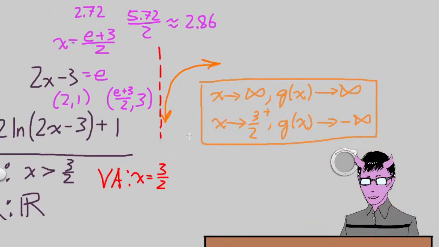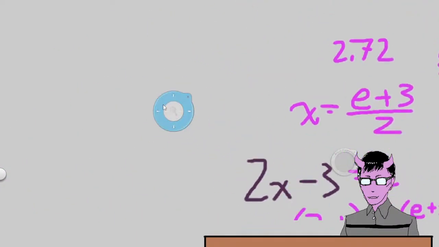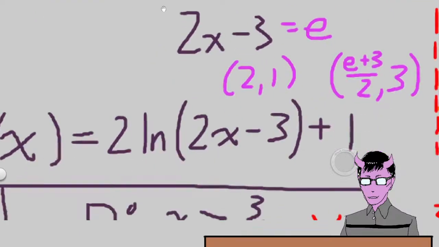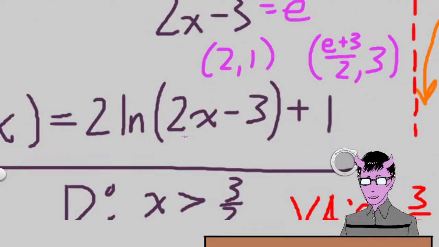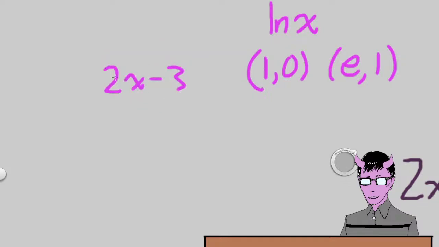So we have all the ingredients that we need. Again, VOD watchers, you could skip this part if you wish, as you should, but just applying transformation rules. So parental anchor points for this function, 1, 0, and then also e, 1. What x transformations do we have? We have this one. Make sure you factor out the 2 from those two terms.